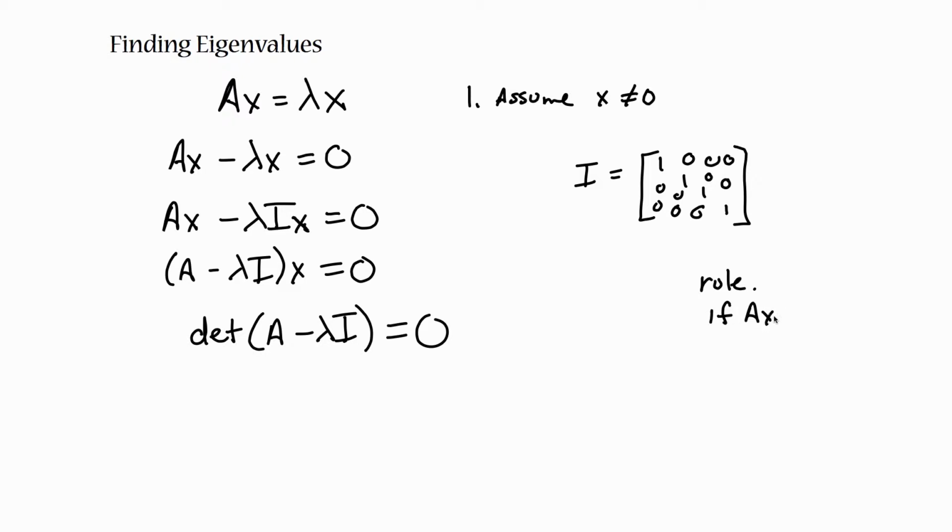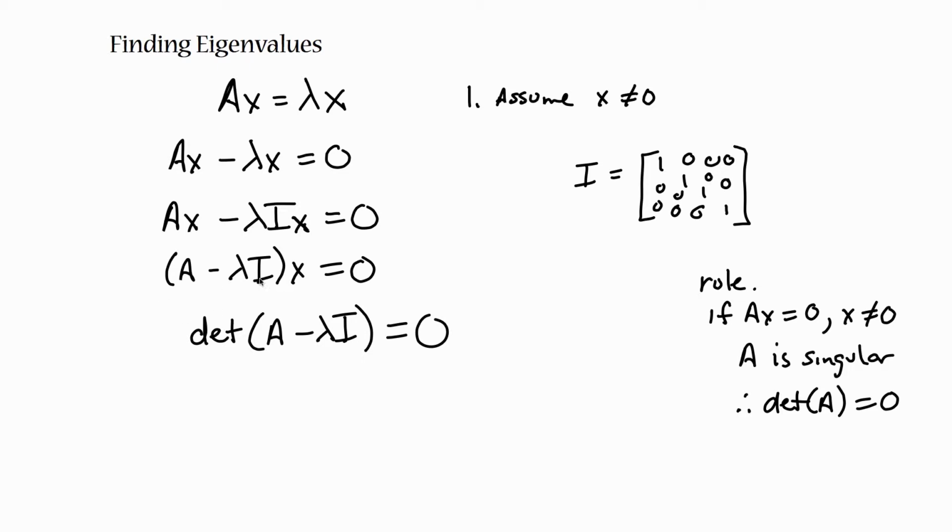If A times some vector is equal to 0, and x is not equal to 0, A is what you call singular. Singular matrices have a couple of interesting properties. One is they don't have an inverse, and two, their determinant is always 0.